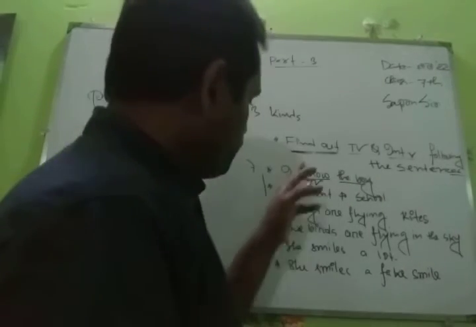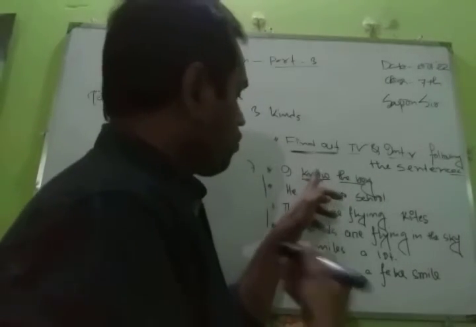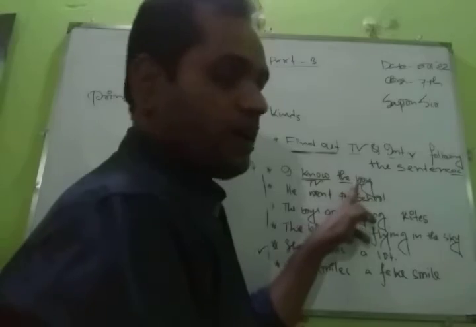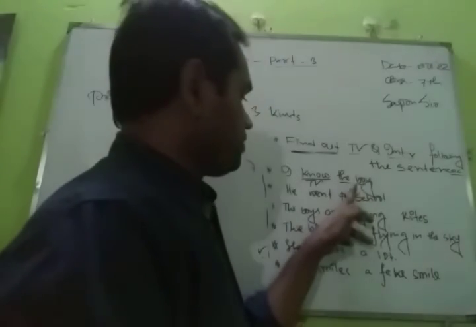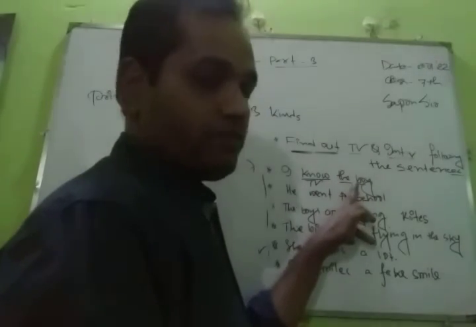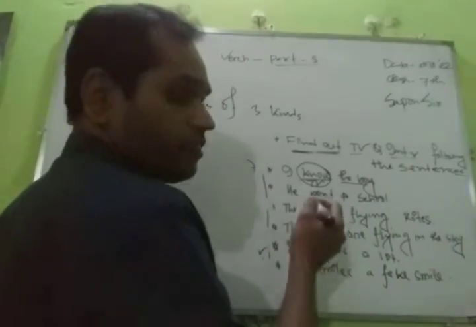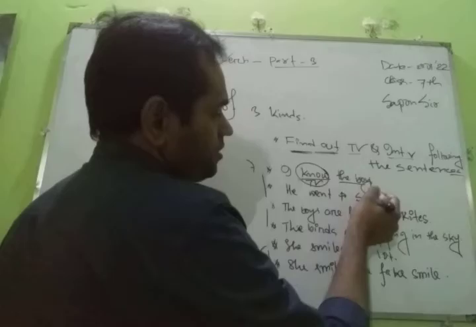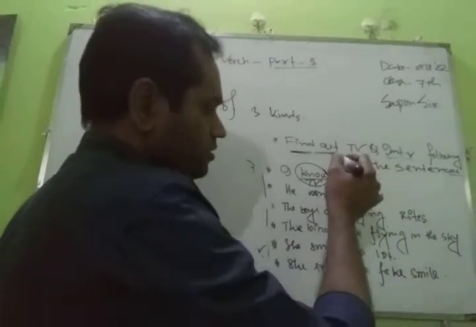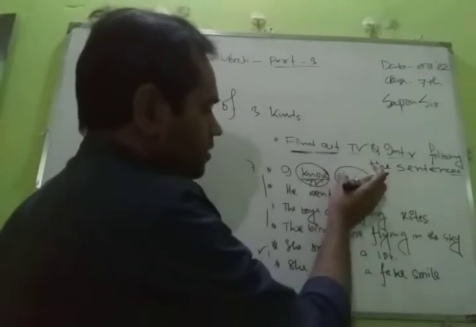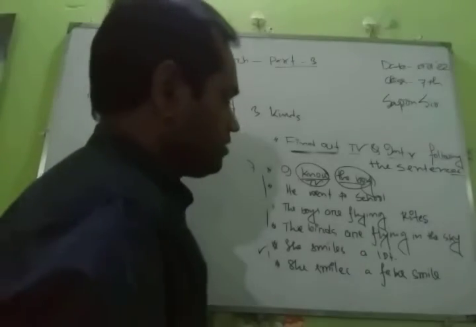If you ask the verb with whom, and the object is available, that verb is called the transitive verb.